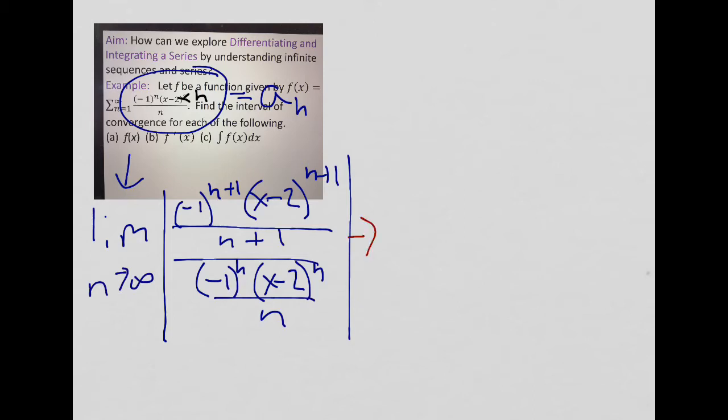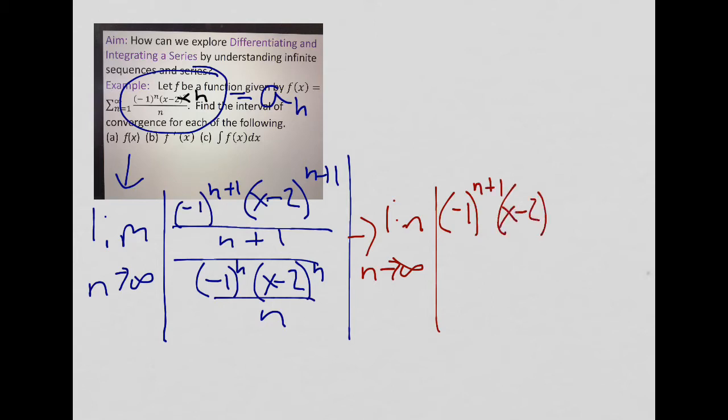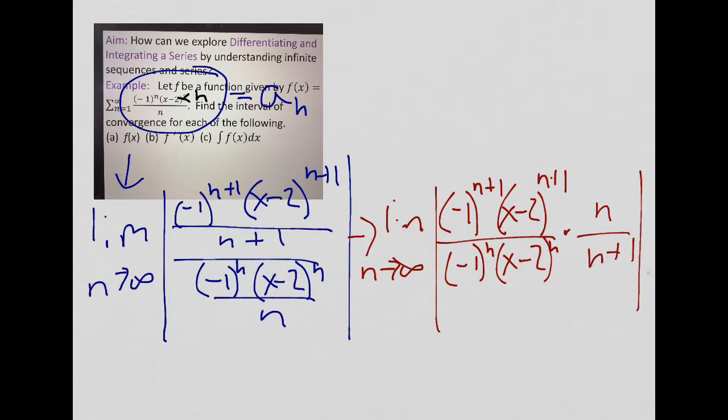To do this limit, we're going to need to simplify our complex fraction. I'm going to order these such that I can read them a little better. When we do keep, change, flip, this is going to happen: the n plus 1 is still in the denominator, and the n flips up to the numerator.